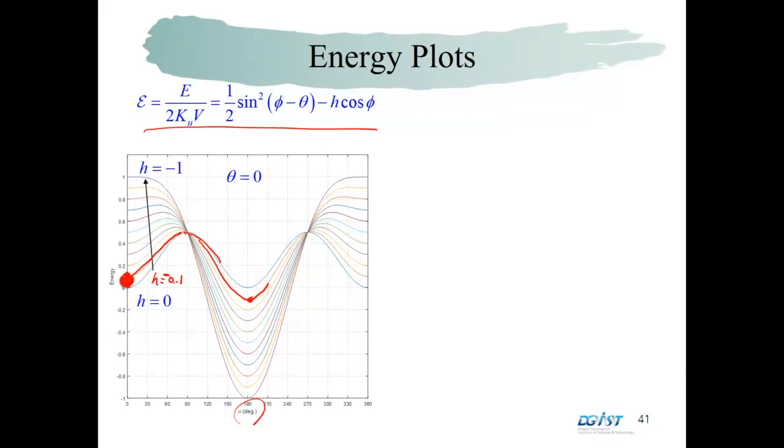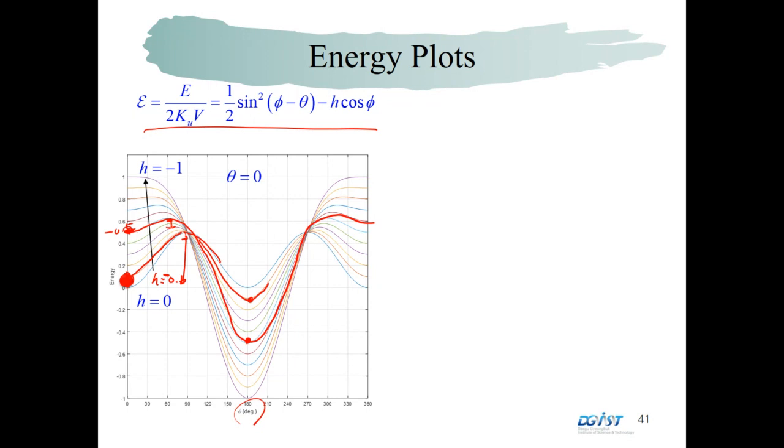When we increase the absolute value of H, let's say minus 0.5, we have something like this. This energy is much more stable than here, but for the magnetic moment to switch from here to here, we have to overcome this energy barrier. This energy barrier corresponds to the switching field.